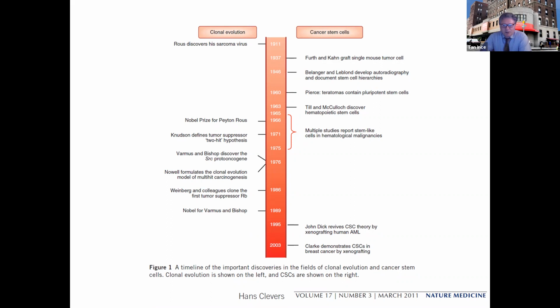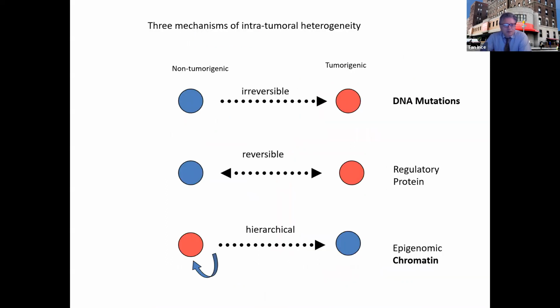So before I get into the specifics of cancer stem cells, let me give you a few general rules about how it works. If you look at change in cells, it can happen through three mechanisms.